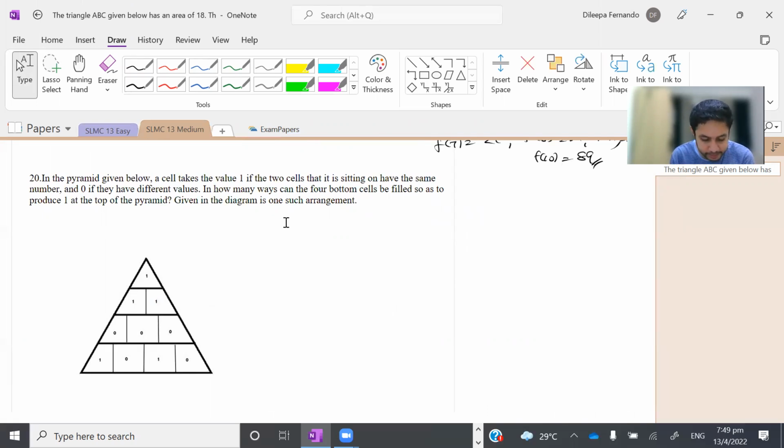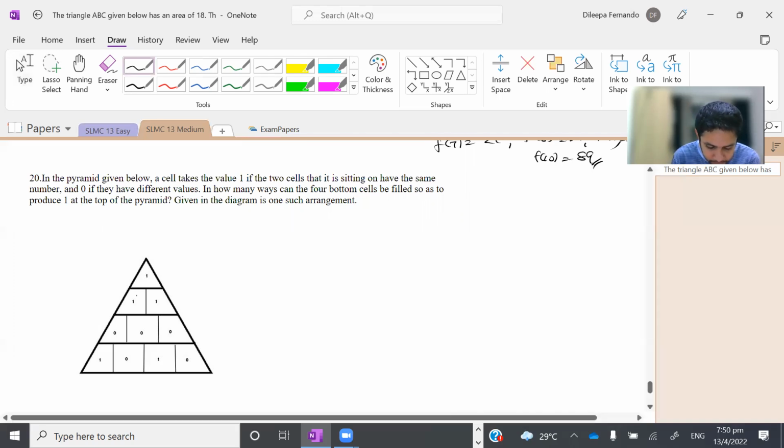So let's see the example given. This becomes value 1 because 1 and 1 are the same, and this becomes 1 because 0 and 0 are the same, and this is calculated from the bottom. So you start from the bottom, and by considering the bottom values, you go up.